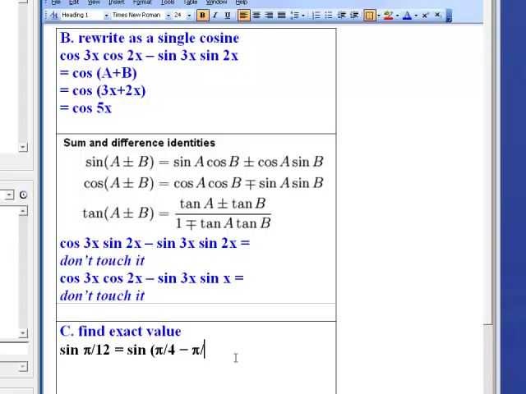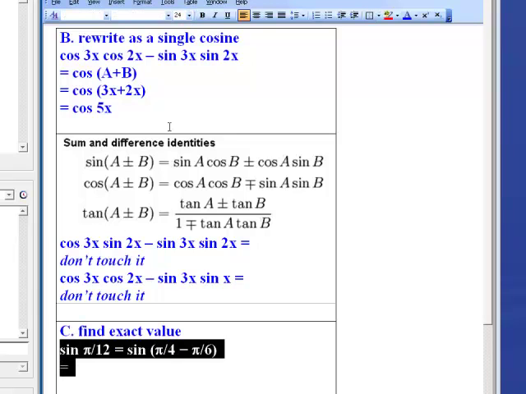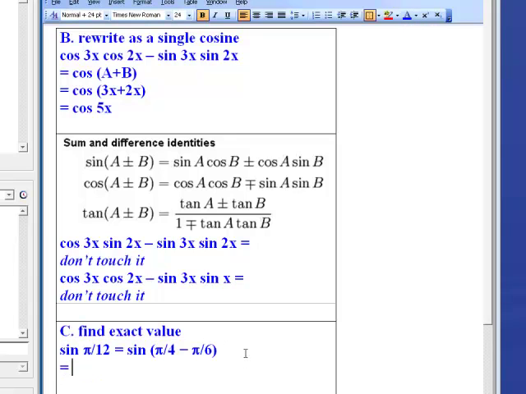Okay. I don't necessarily want to have it in black and small case. There we go. And I want to have it in bold. Okay. So I have sine A minus B. Sine A minus B is going to give me sine cosine minus cosine sine.